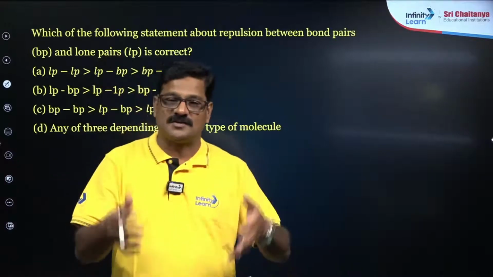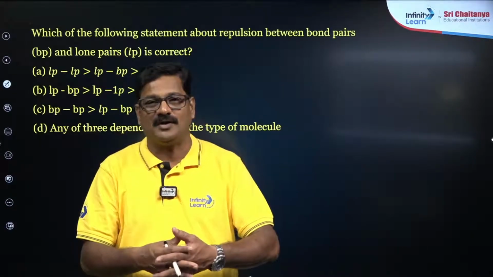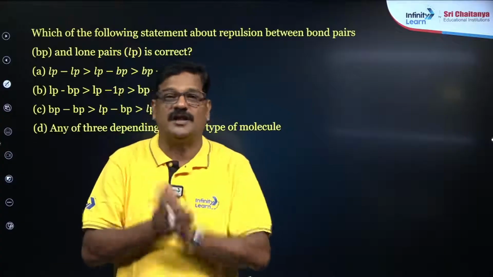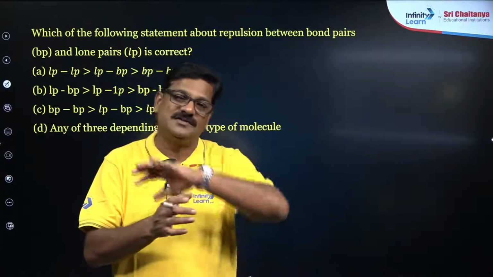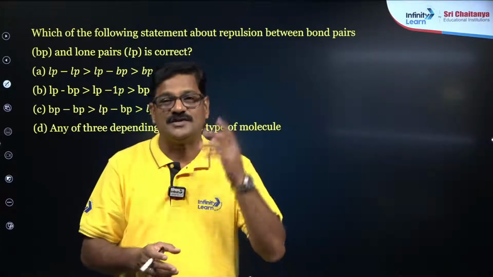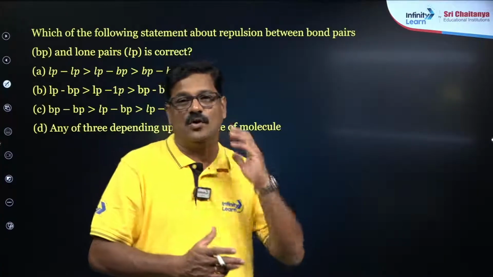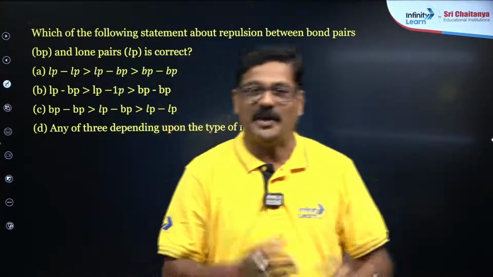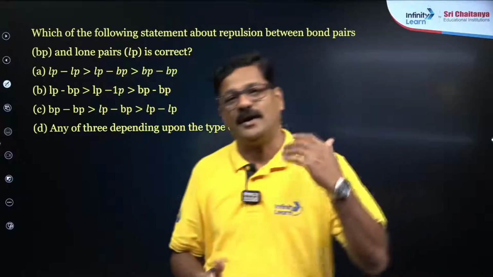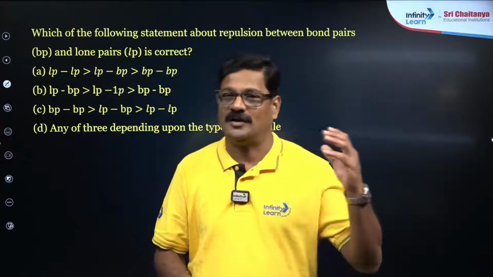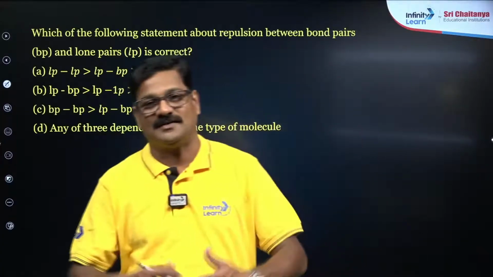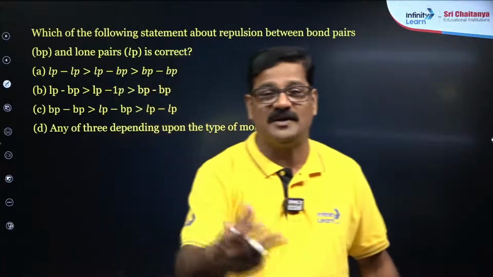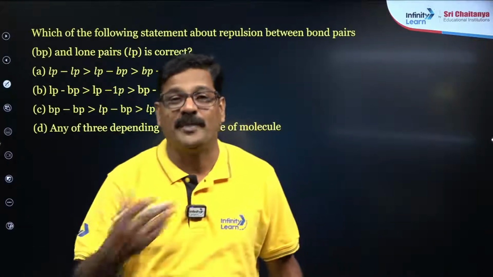The electrons on the central atom of a polyatomic molecule always lie in pairs. These pairs are of two types, lone pair and bond pair. The pair of electrons that do not participate in bonding are called lone pair of electrons, and the pair of electrons which participate in bonding are called bond pair of electrons.